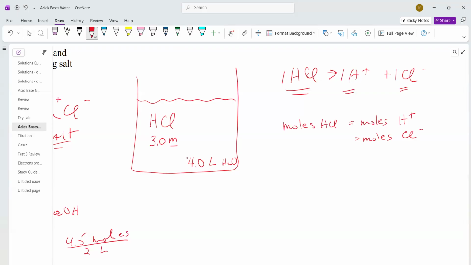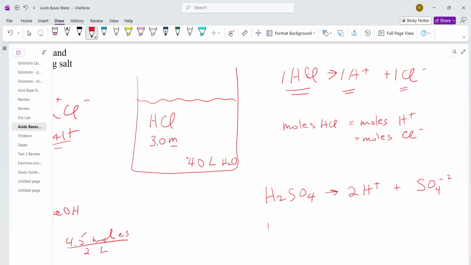Now, sometimes your acid may have 2 hydrogens that come off, or 3 hydrogens that come off. For example, sulfuric acid has 2 hydrogens that come off.